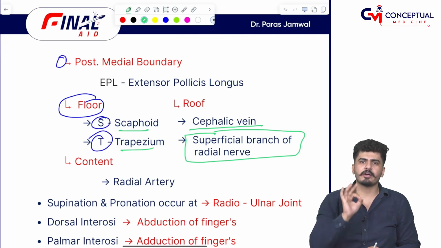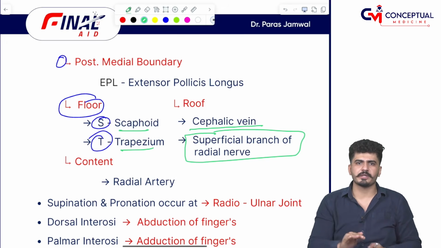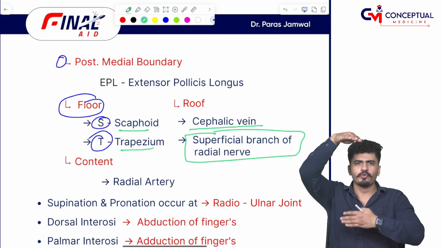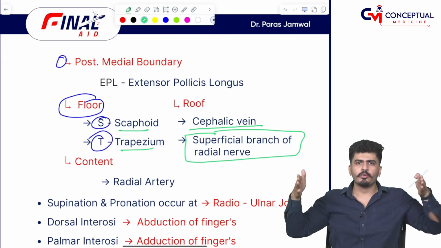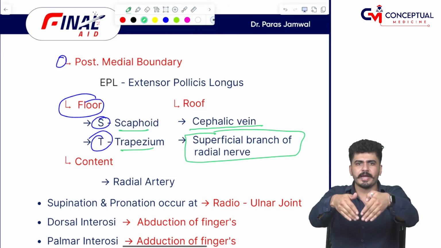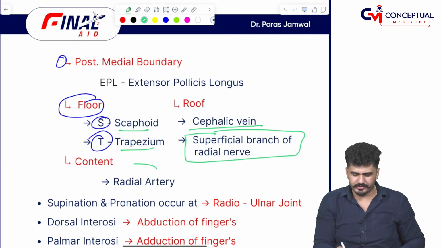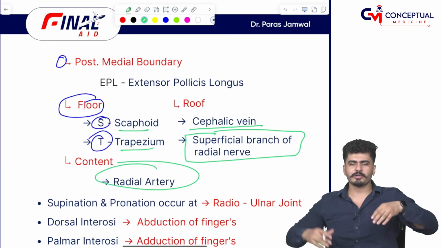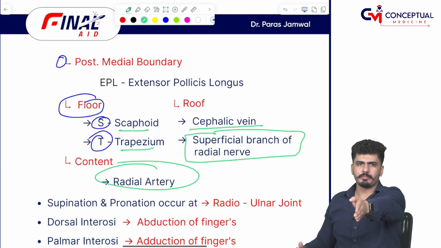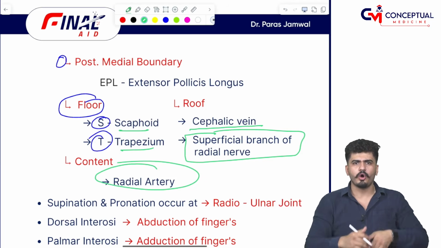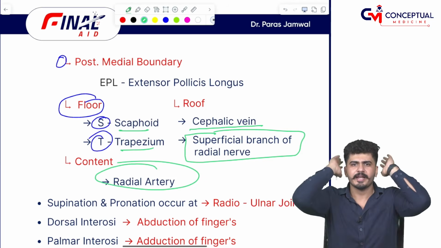So one vein called the cephalic vein and the superficial branch of the radial nerve are forming the roof. Floor by the ST. Boundaries we have talked about. What is the content? Very simple answer, and that is your radial artery. So we talked about the lateral boundary, the medial boundary, the floor, roof, and content.